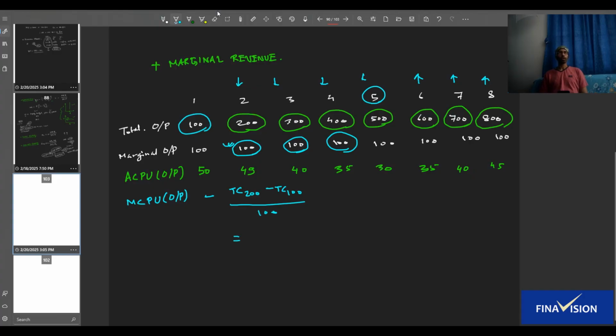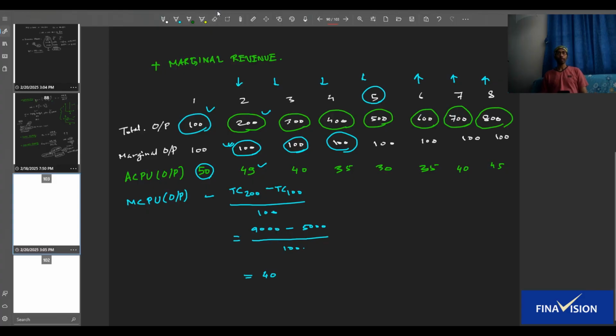This is equal to total cost at 200, which means average cost into total number of units, 200 into 45. 200 into 45 means 9,000, minus total cost at 100, which means 50 into 100. This is equal to 5,000 divided by 100. This is equal to 40.